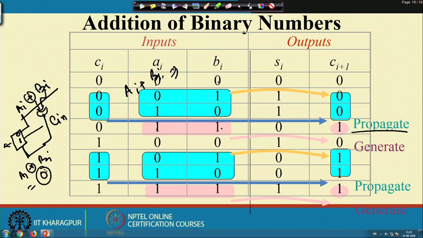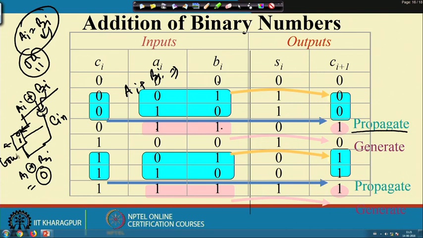So, that means any of the input bits, whether that is A I or B I, will be connected, because at that time A I equals B I, okay, for the 0 0 and 1 1 cases. So, any of the input bits will be connected at this 0th position, and that will be the C out at that particular point.